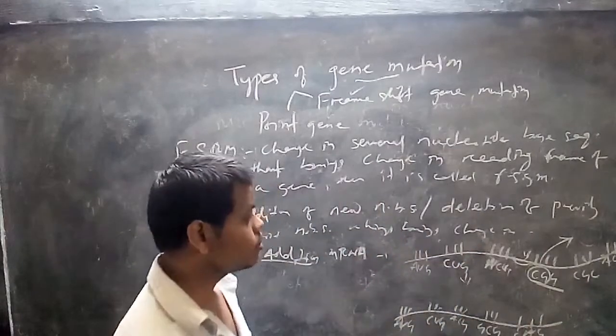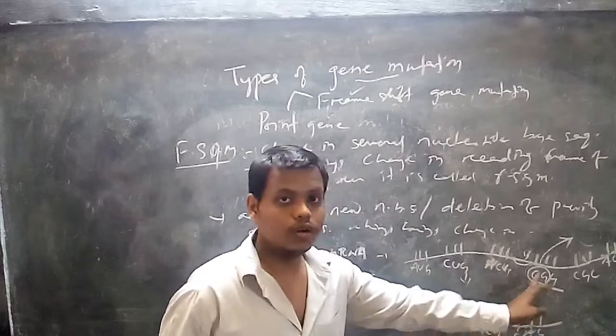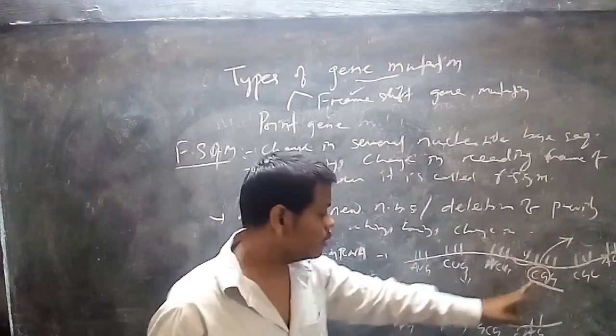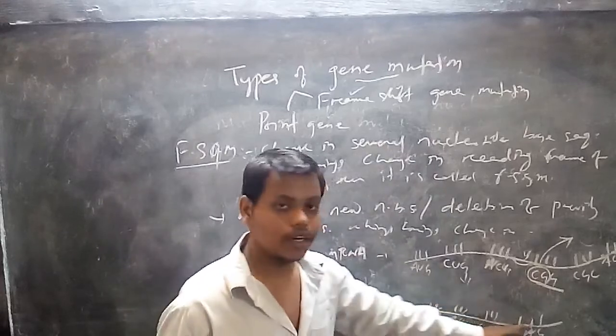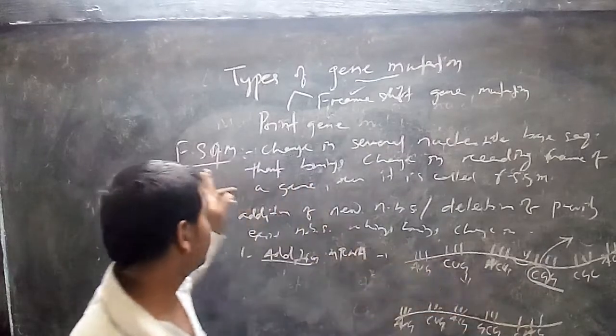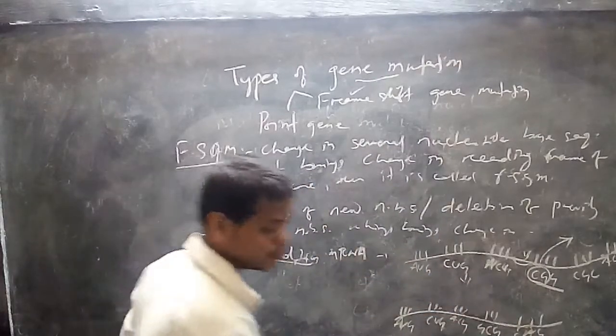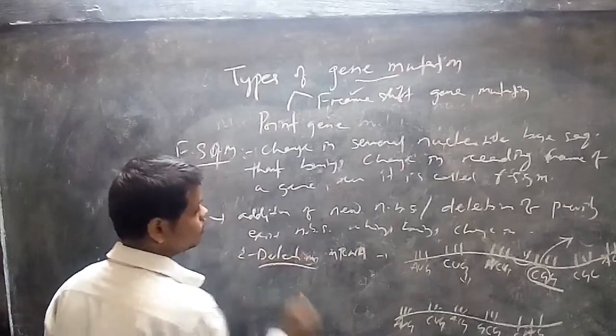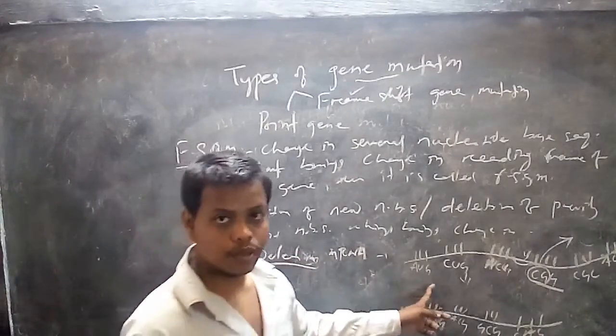Okay, like this. So when deletion of the nucleotide base sequences occurs or omission of the nucleotide base sequences occurs, and that brings change in the reading frame, then that is called deletion type of frame shift mutation. Addition, this is deletion type of frame shift mutation.